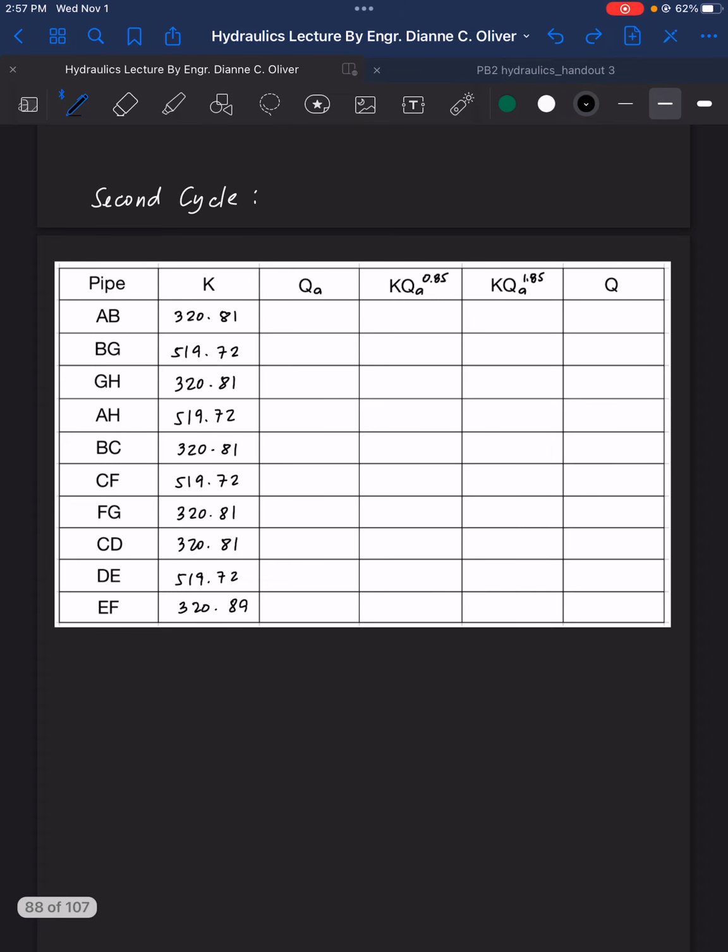So let's put here QA for AB is 0.2119, 0.0979 for BG, GH is 0.0881, AH is 0.1881, BC is 0.114, CF is 0.064, FG is 0.086, and the last three are 0.05.